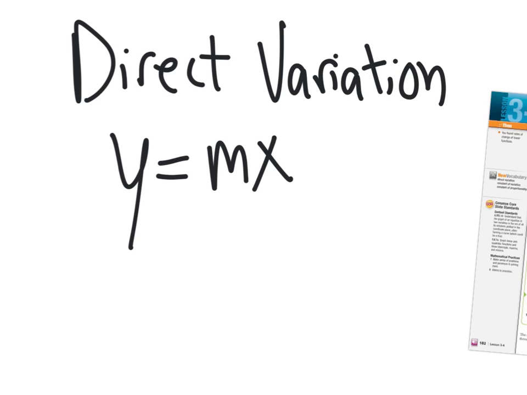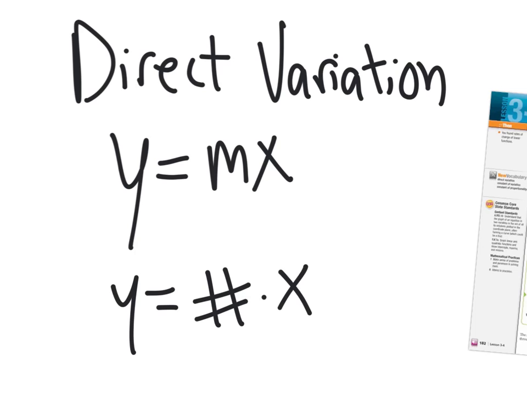This is what you should jot down. Now, what is that really? That's just y equals a number times x, any number, right? It could be 1/2, it could be -3/4, it could be 7, it could be 8, it could be -10. And we know that this number is going to be the m value. It's going to be the slope.